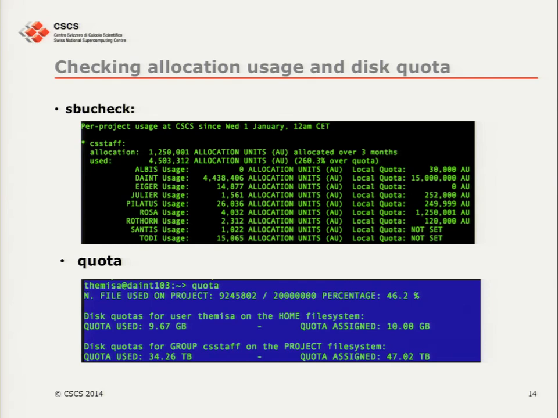But since we're also moving to hybrid systems, what is the CPU hour? So we're going to start talking about node hours. If you get a node, even if you're using 1 task on it and you're not using a GPU, you're still going to be charged for the entire node. On Piz Daint, the equivalent of 1 node is 30 CPUs.